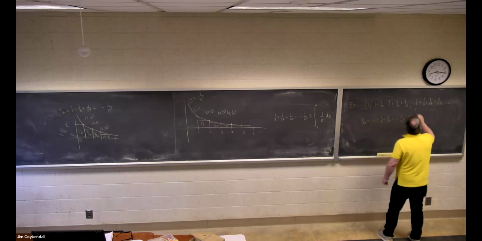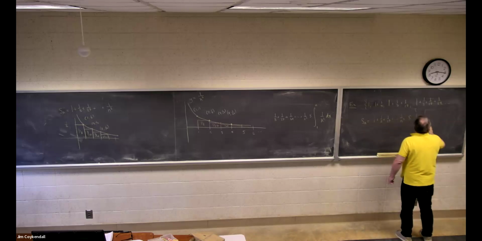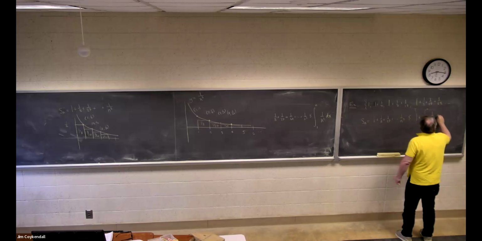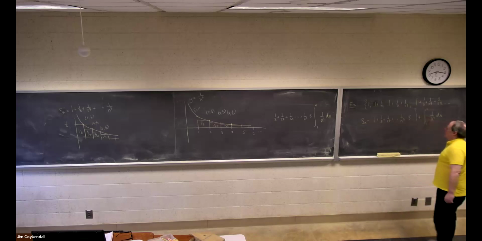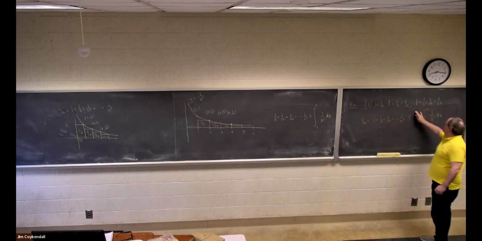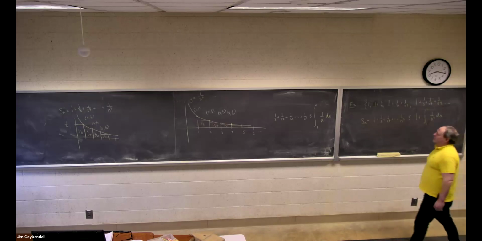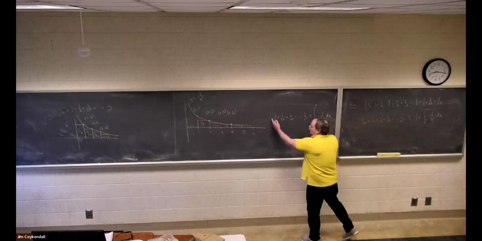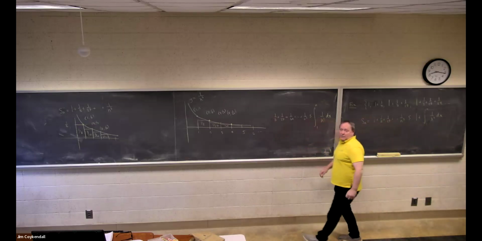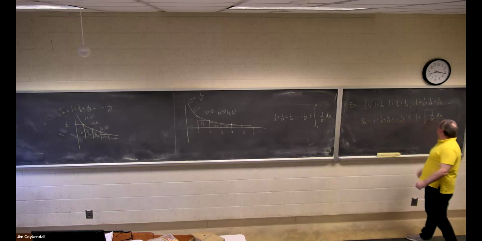It's less than or equal to 1 plus the integral from 1 to n of 1 over x cubed dx. The only thing that's different from here to here is I just put an extra 1 here, on both sides.